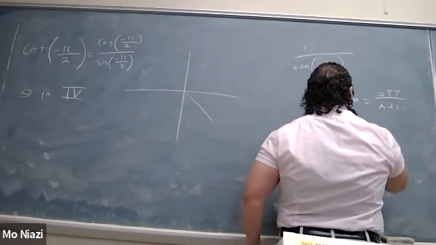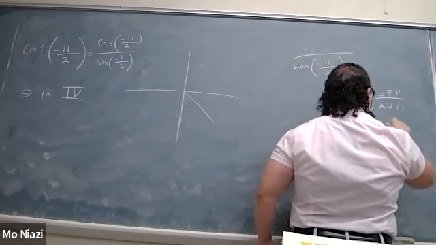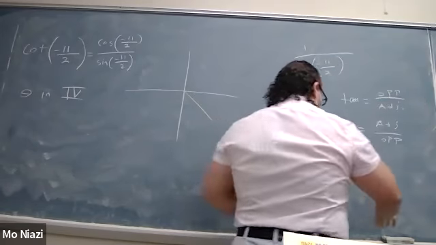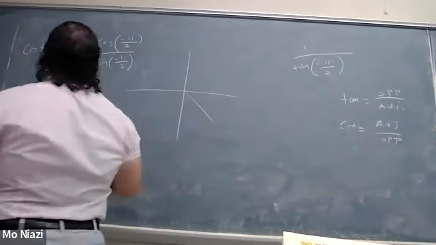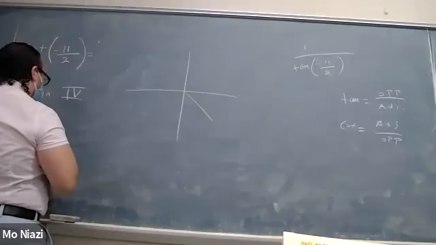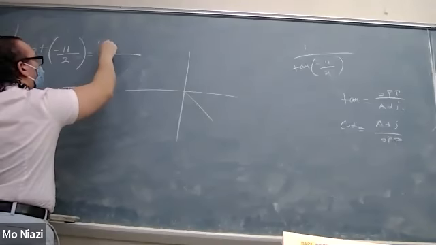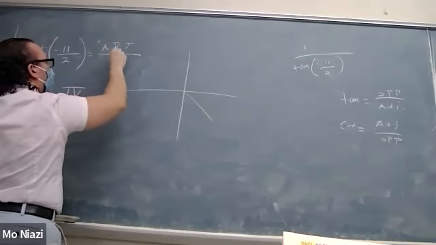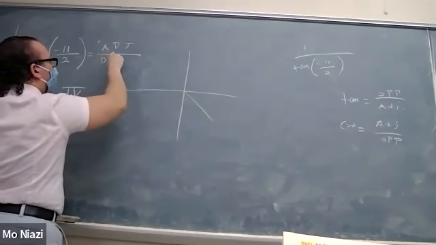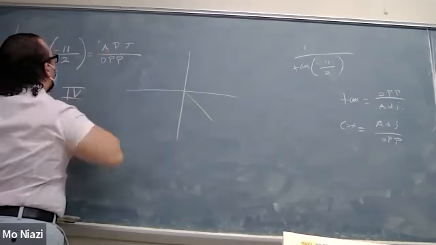So cotangent is going to be what? Excellent. So negative 11 over 2 is the same thing as adjacent over opposite of our theta in quadrant 4.